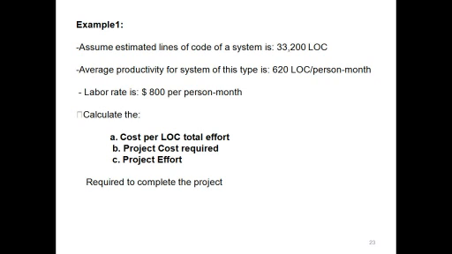Average productivity for a system of this type is 620 lines of code per person month. Okay, then we have the labor rate, which is $800 per person month.